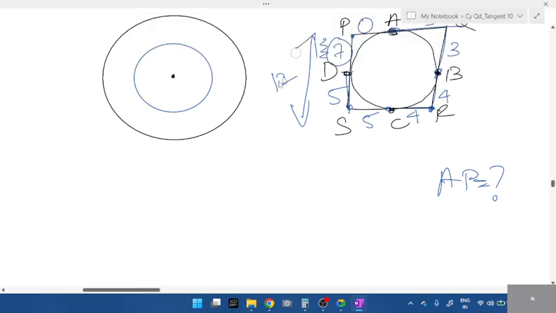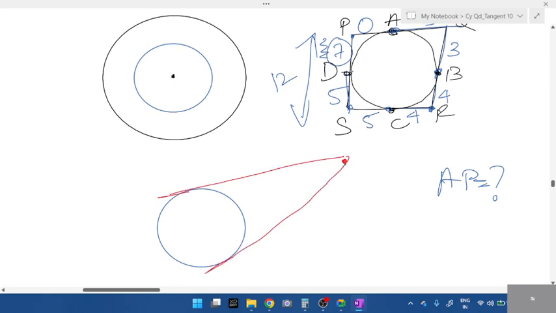The concept is like this. If they give any one point outside, from here you take a tangent and connect here, and from here you draw a straight line and connect. These two sides also will be equal, students.